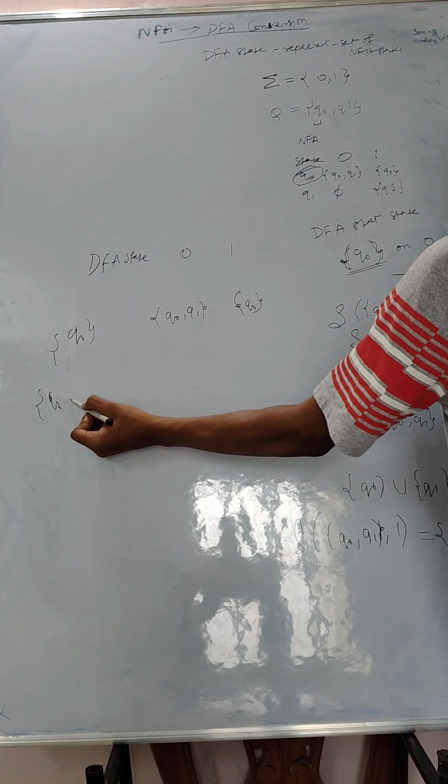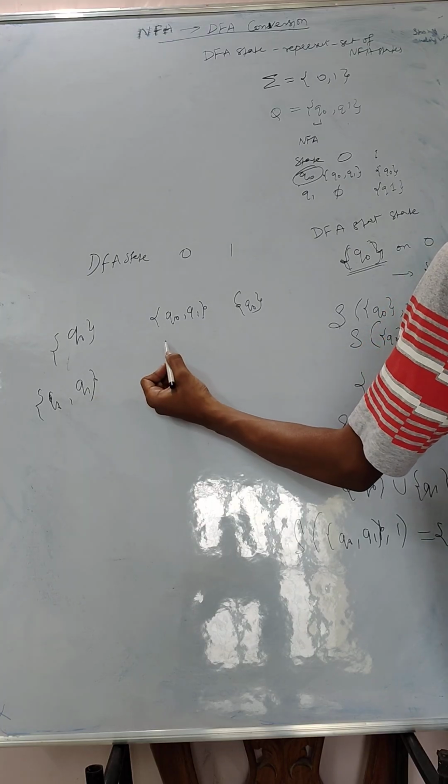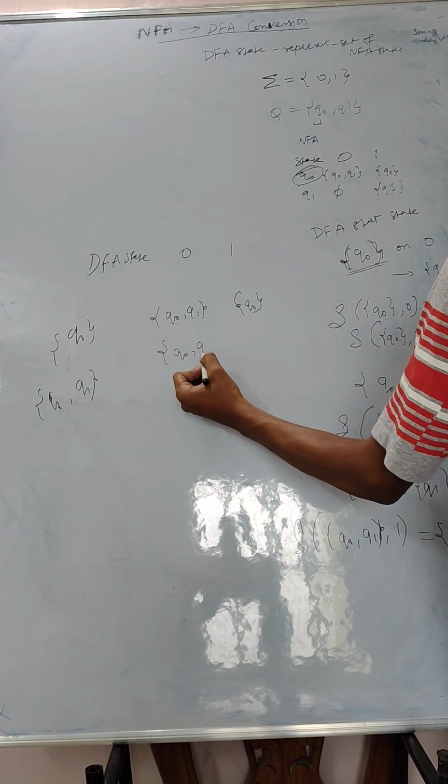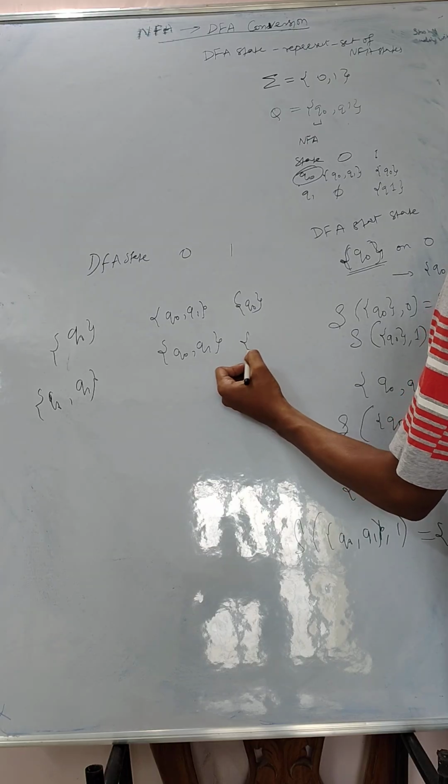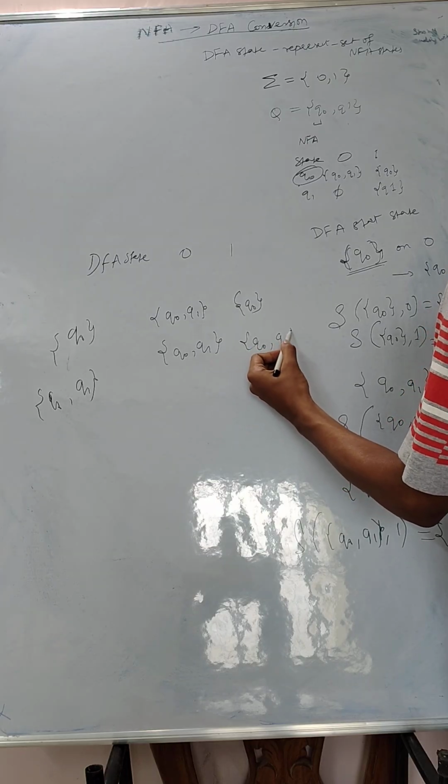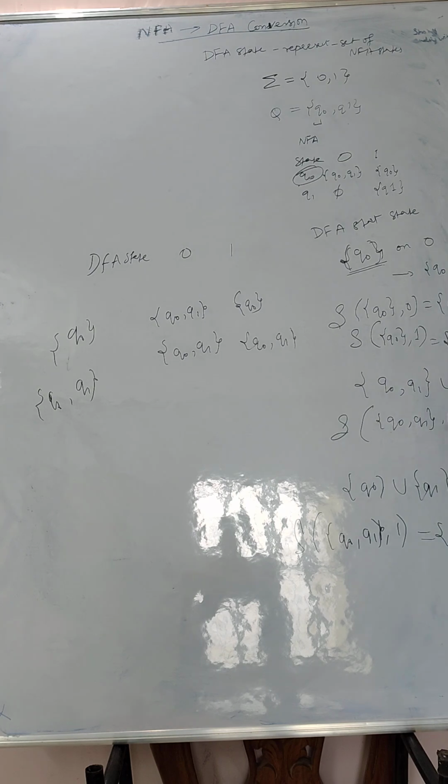And then {Q0, Q1}: on 0, it is {Q0, Q1}, and on 1, it is {Q0, Q1}. Right. Now, find the final state. The NFA final state is Q1, and any DFA state containing Q1 becomes final.